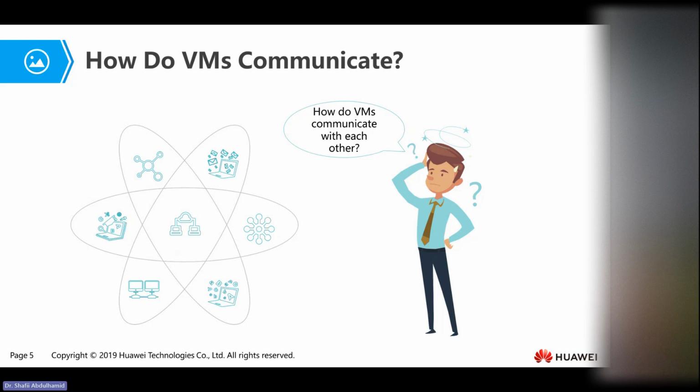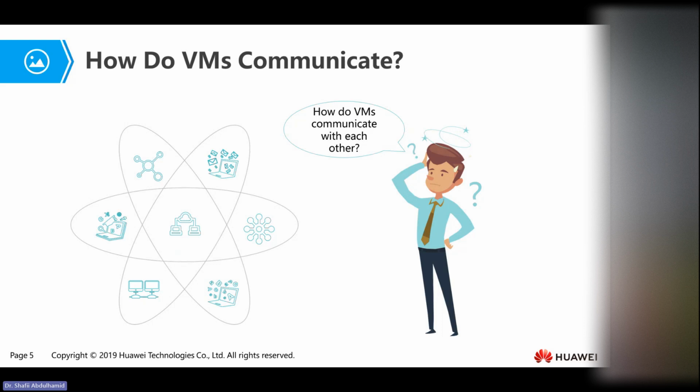Thank you for this wonderful contribution. As we know, for any device to communicate in a network environment, the device needs to have a NIC, which is network interface card, right? So you need a network interface card to allow devices to communicate with each other.